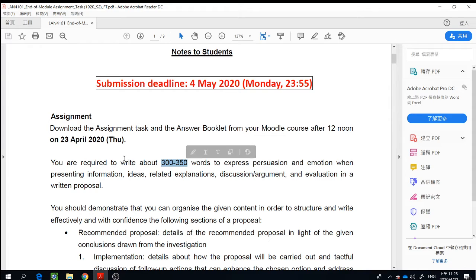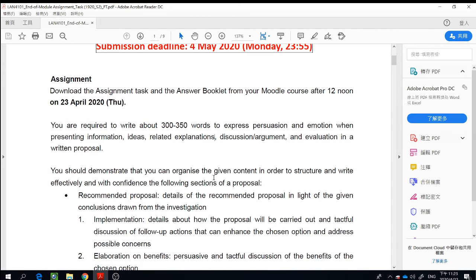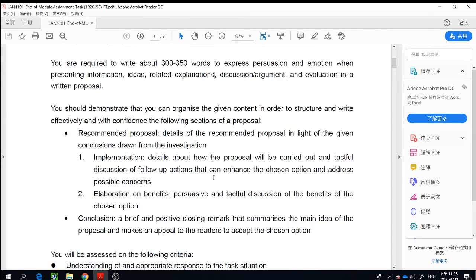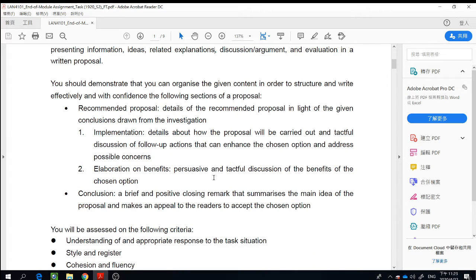You should express your ideas. You should show your understanding of the task. You should explain the ideas properly. Same as last time, same as the practice paper, you should cover all these parts, including the first part. You should tell people among the three options, which one is recommended, and then you should give the details about the implementation. That means how the proposal should be carried out.